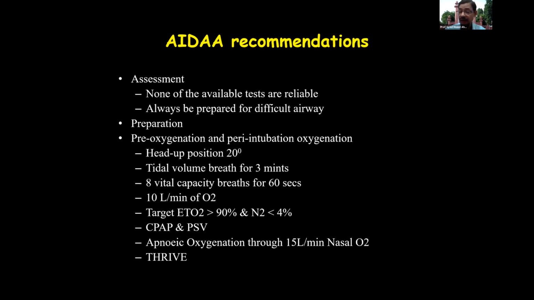You need to target an EtO2 of more than 90%, and a nitrogen level of less than 4%. You can use CPAP, PSV, and you can go for apneic oxygenation. At the same time, you can go for THRIVE as well. So these are the different methods of how we can pre-oxygenate or do peri-intubation oxygenation.